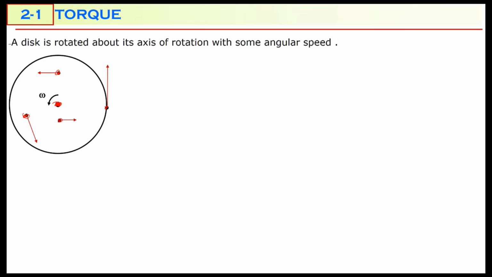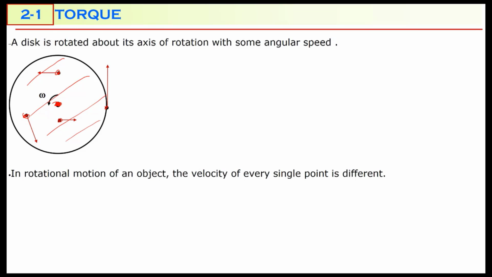That's why you cannot define this object's motion as a whole by defining just a single point. In rotational motion of an object, the velocity of every single point is different. That's why you cannot treat this object when it is rotating as a point mass.